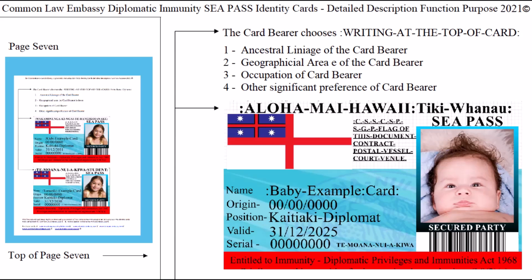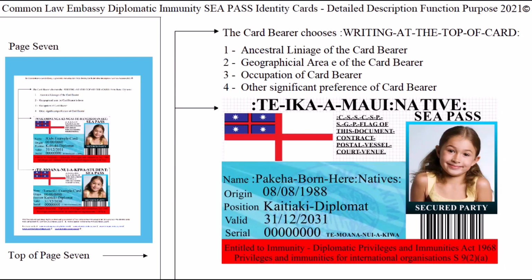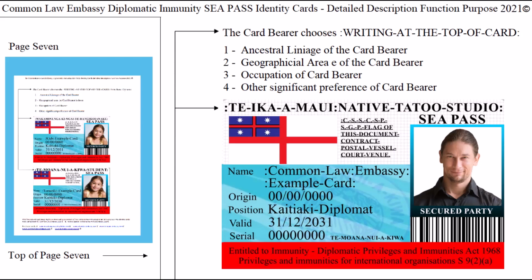The geographical area of the card bearer is also a common theme. Occupation of the card bearer, i.e. his designated role within society, is a common theme. And any other significant preference of the card bearer is chosen as the banner at the top of the card.